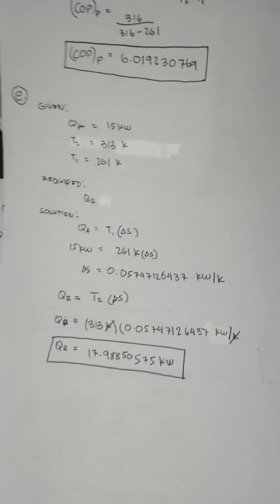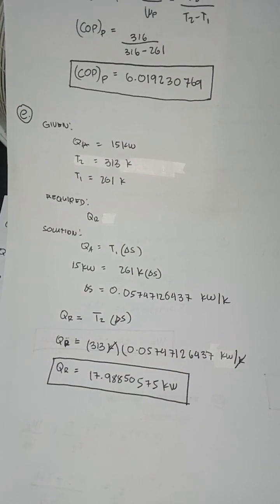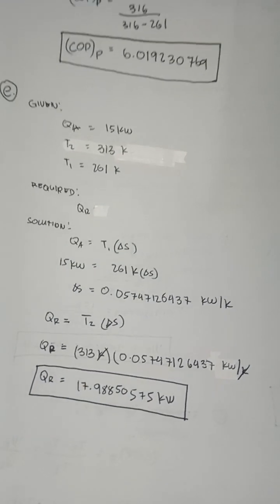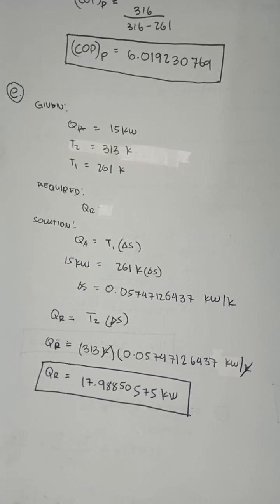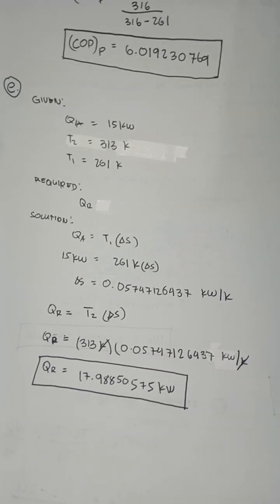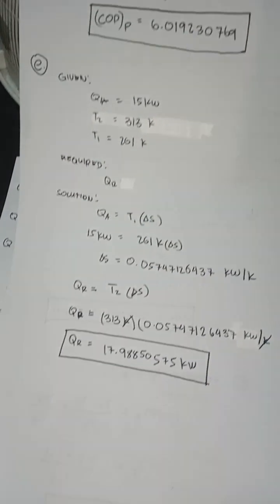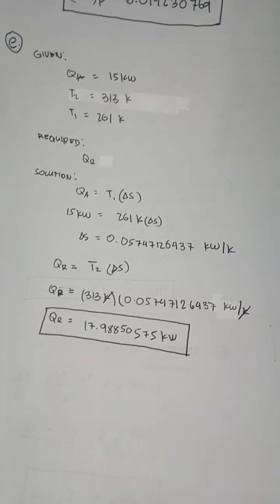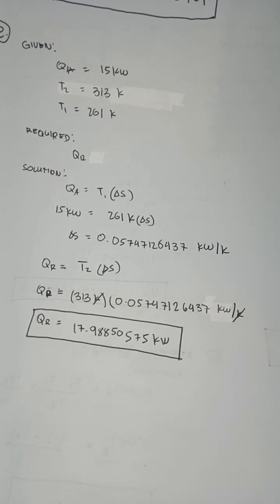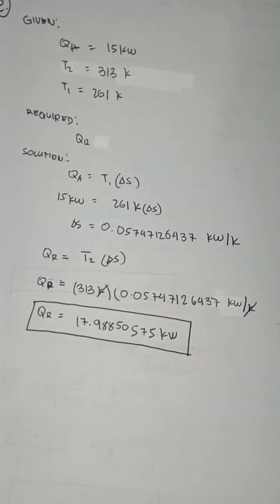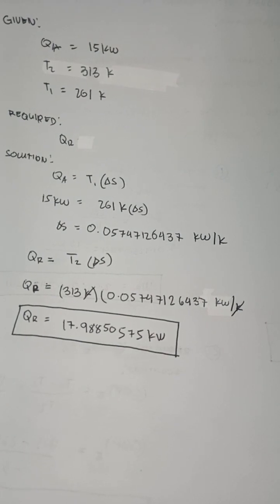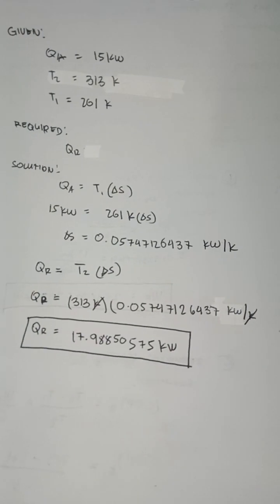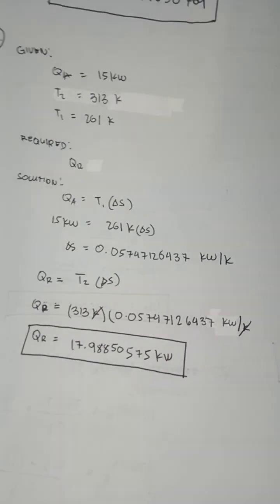So in E, given is the heat absorbed of 15 kilowatts, T2 of 313 Kelvin, and T1 of 261 Kelvin. The required is the QR. Solution. QA equals T1 times a constant.